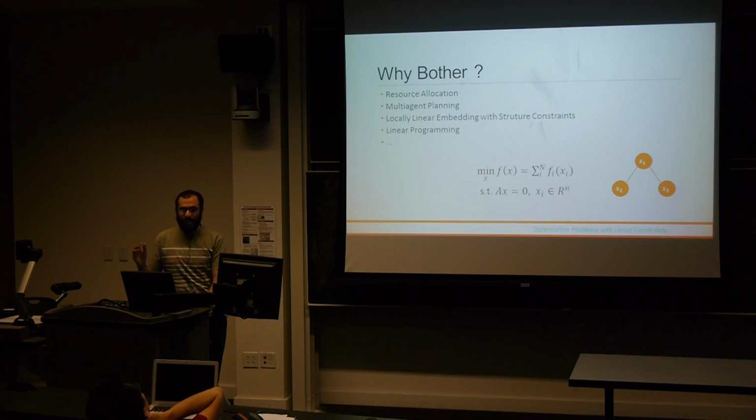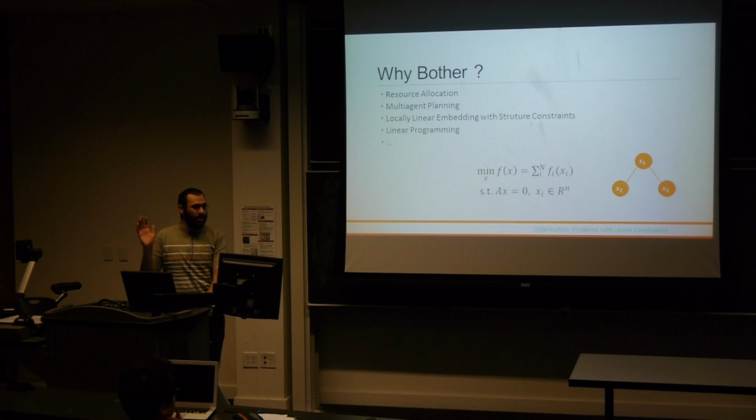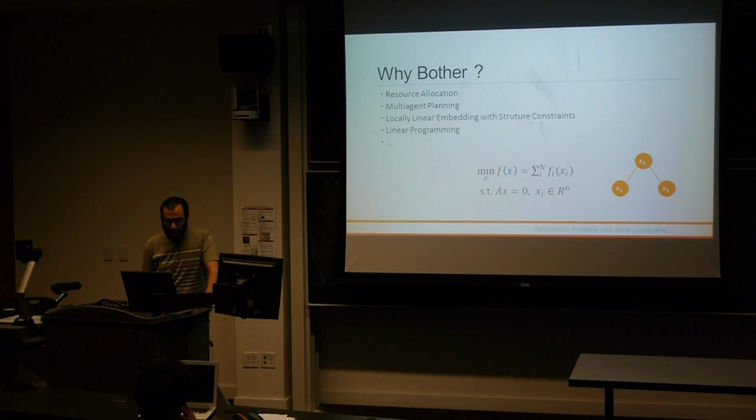Then you want to maximize the sum of utility for each consumer, but you don't want to over-allocate your resources, and so you have a sum constraint. In general planning, your variable might represent a policy that each agent is taking, and you have some constraints that couple these policies together.